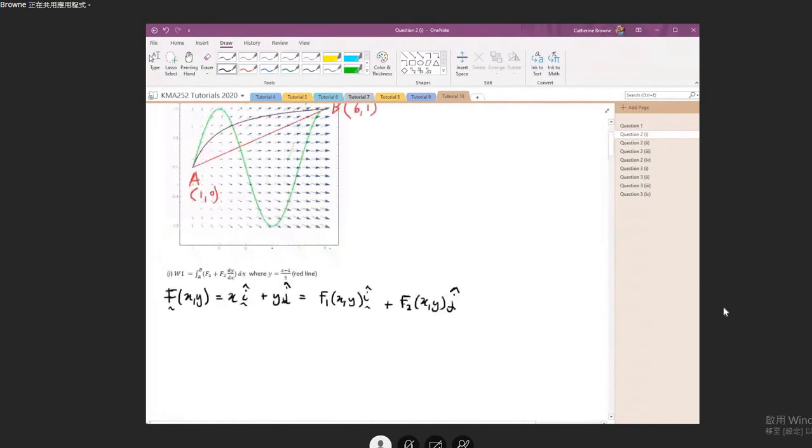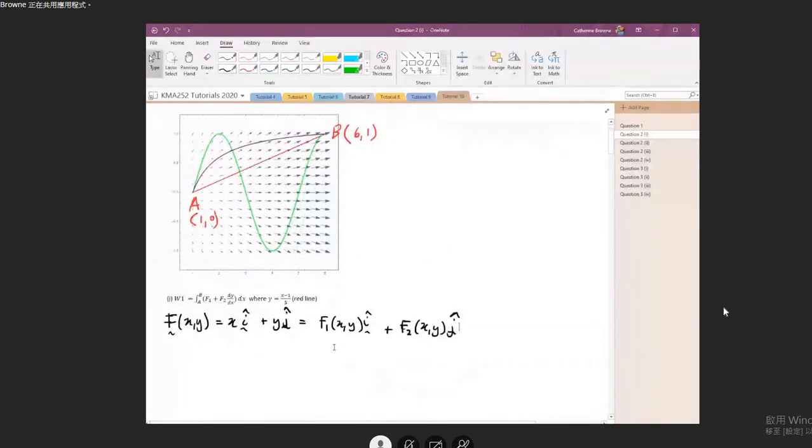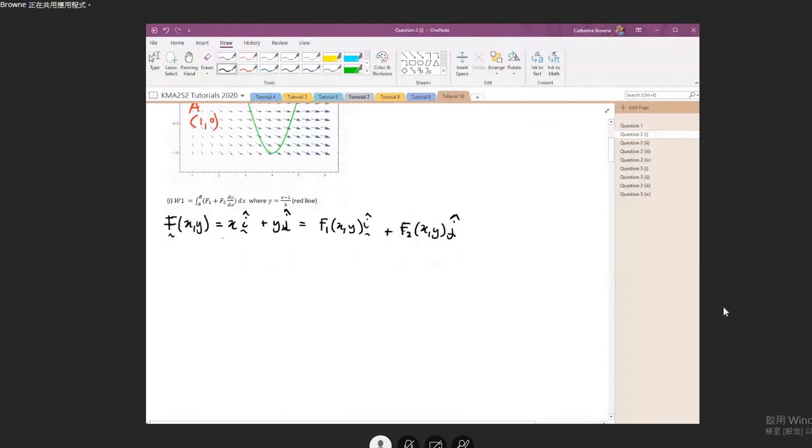So for my vector field here, my f1 is x and my f2 is just y. And so for part 1, we've got just a linear line.